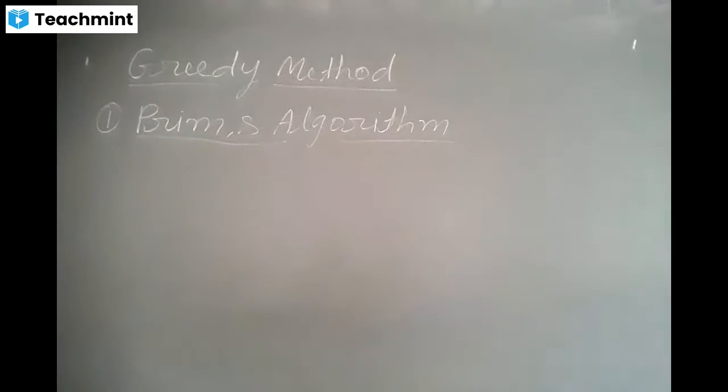Basically, Prim's algorithm is used to find the minimal spanning tree from a given graph. So, how do we find the minimal spanning tree from the given graph by using Prim's algorithm?